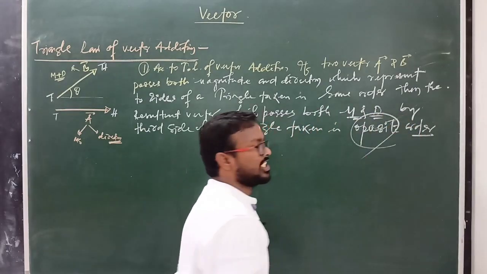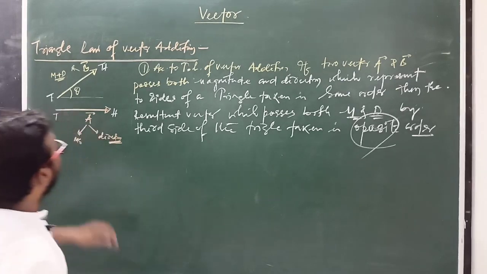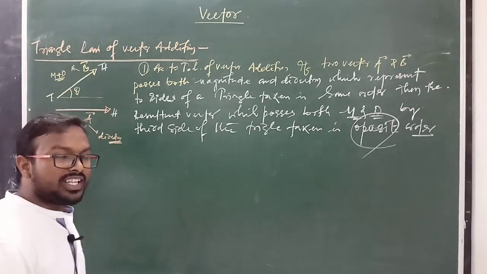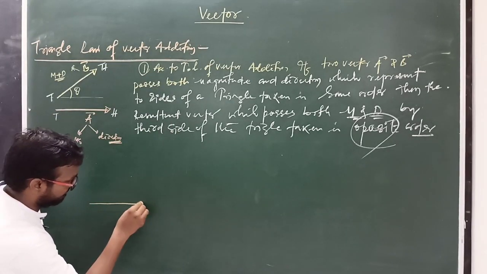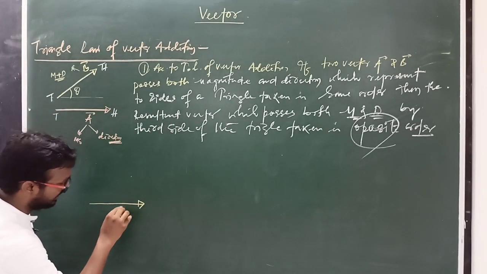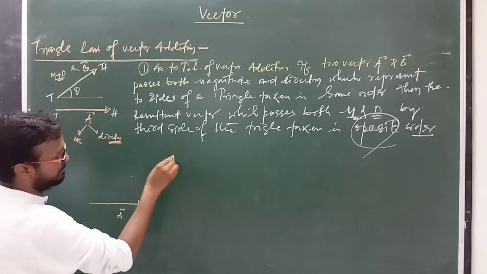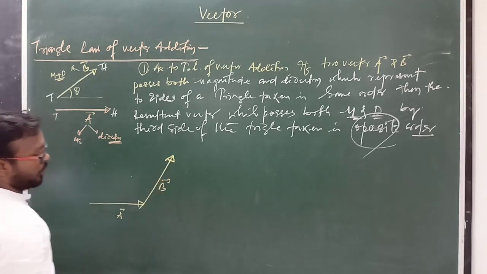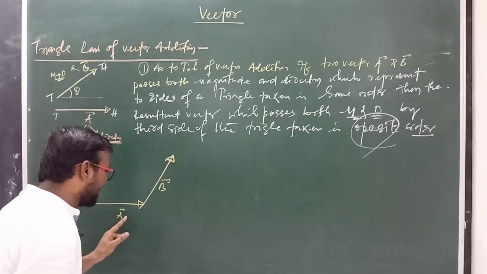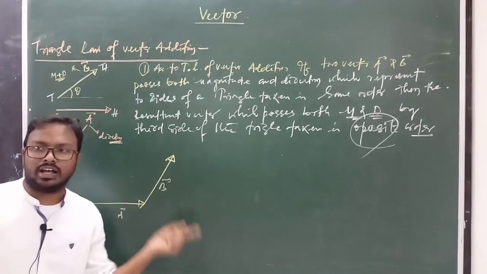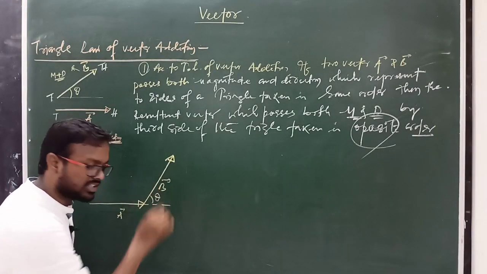This is not the opposite direction; taken in opposite order means, suppose there are two vectors, A vector and B vector, which represent two sides of a triangle, and they possess magnitude as well as direction, and the angle between A vector and B vector is theta.